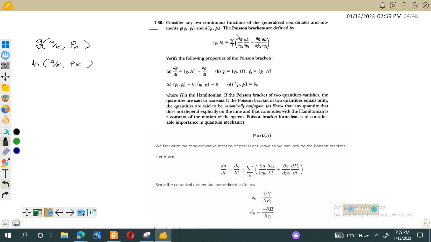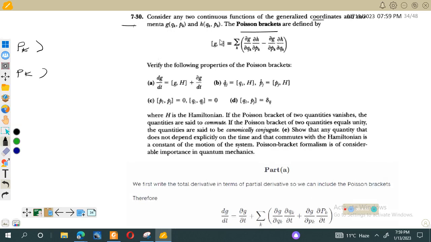The Poisson bracket is defined by this g and h. This is the definition of the Poisson bracket. Make sure you understand this.